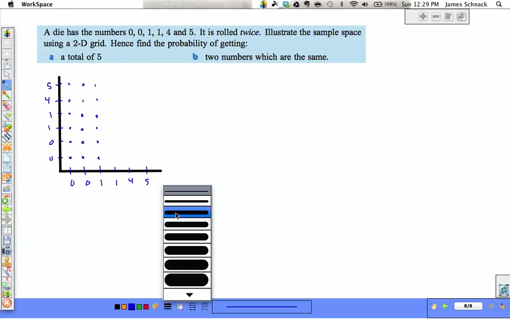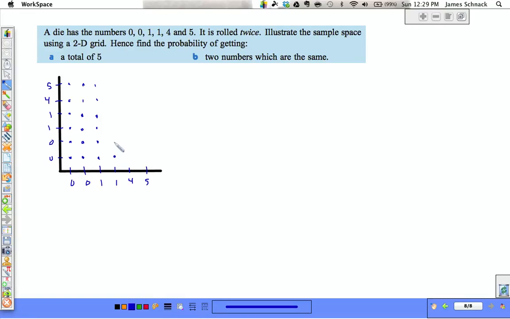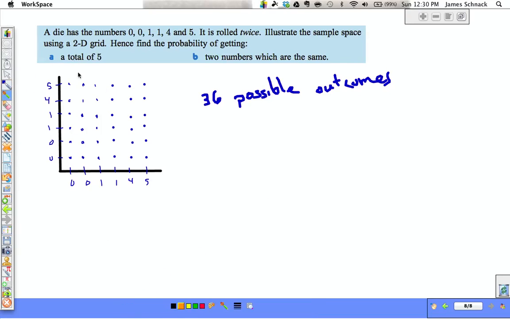It's looking like a rectangular grid that is 6 by 6. A rectangle that's 6 by 6 has an area of 36. So 36 total outcomes.